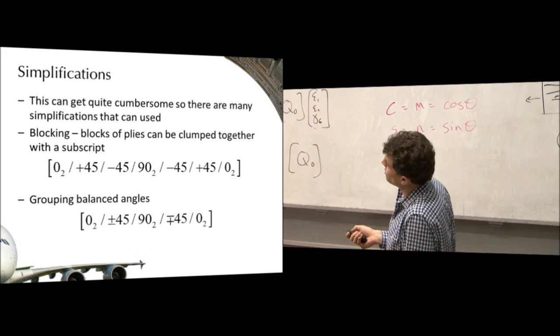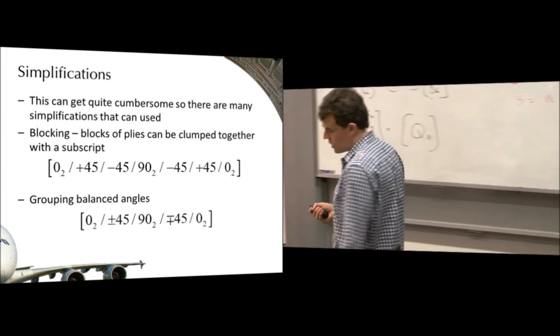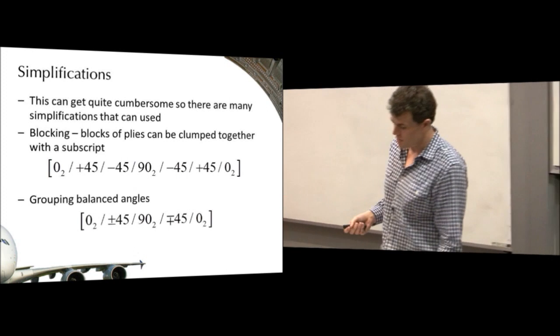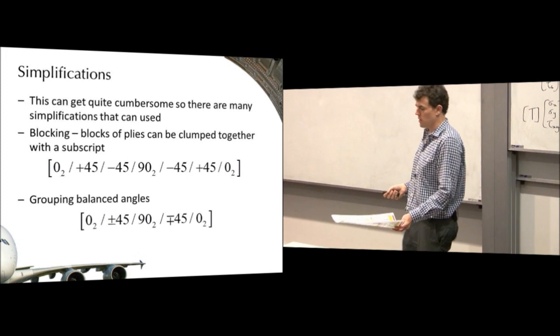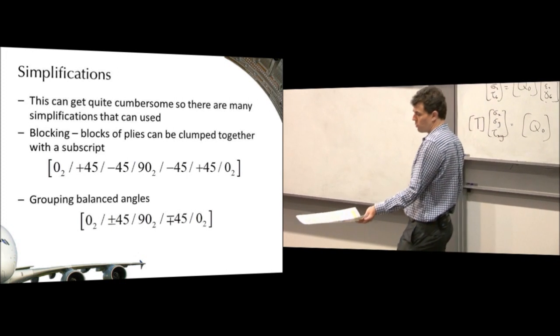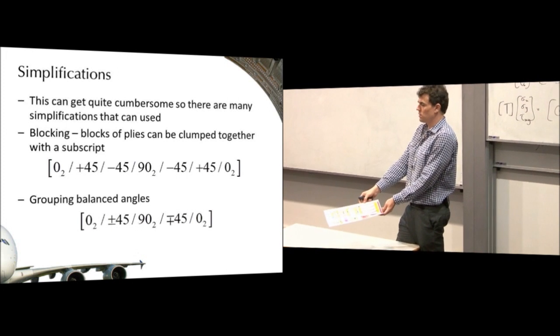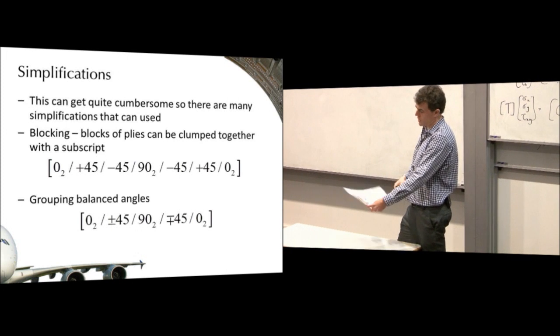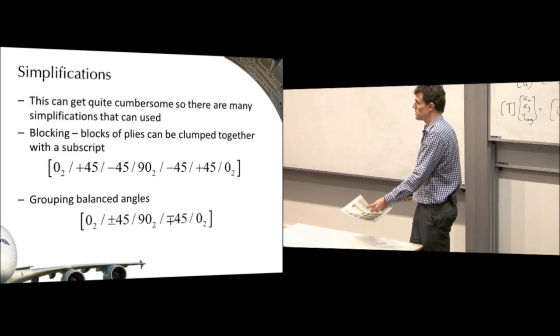The next thing we do is we group what we call balanced plies. So it turns out that laminates perform best when you've got combinations of plies that are in what we call balanced orientation. So they're the same on one side of 0 as they are on the other. So a plus 45 and a minus 45, or a plus 30 and a minus 30.